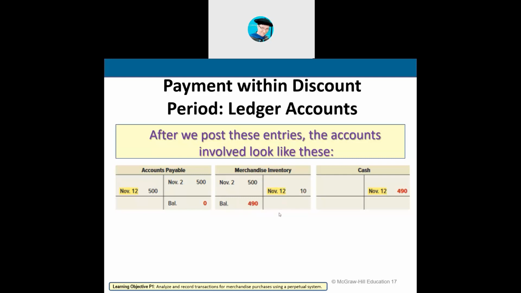Go ahead, Taylor. Okay, because I'm still working on differentiating journals, ledgers, and the trial balance. Accounts payable is its own ledger account, and then the merchandise inventory is its own ledger account, right? Correct. And with the trial balance, that's when they get ordered by liquidity, right? That's right.